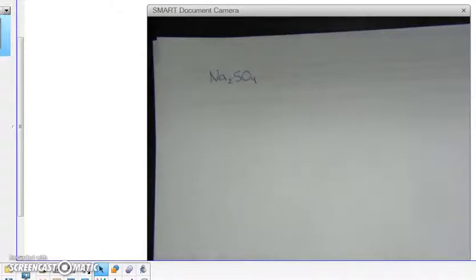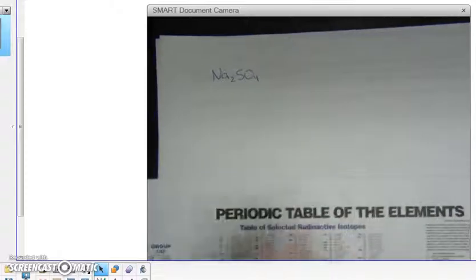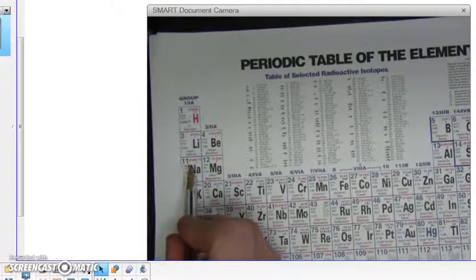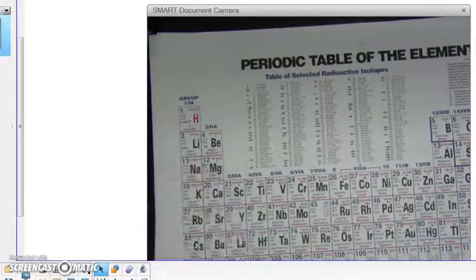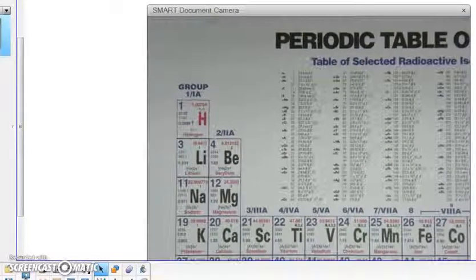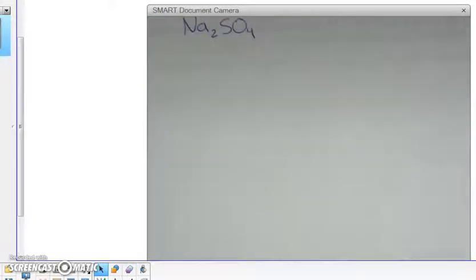So in order to do that, you're going to need your periodic table, and you are going to look at the atomic masses. So on your periodic table, we're looking at sodium, and right here the atomic mass, if you zoom in, on sodium it's 22.98, and when we do rounding for our atomic masses, we want to round to the nearest tenth.